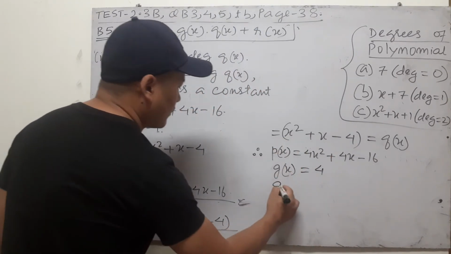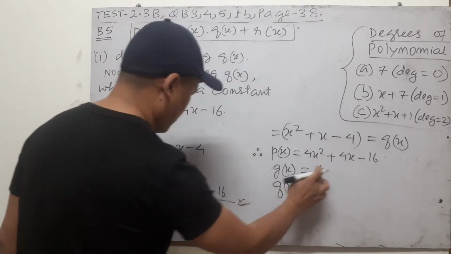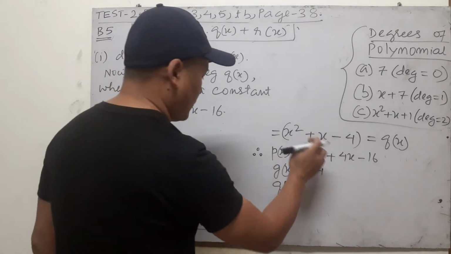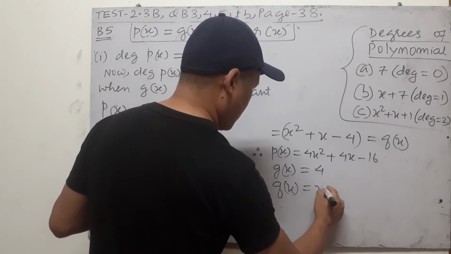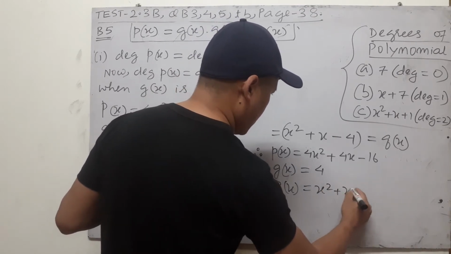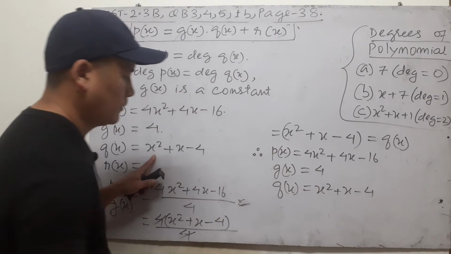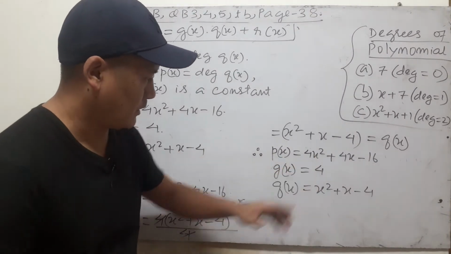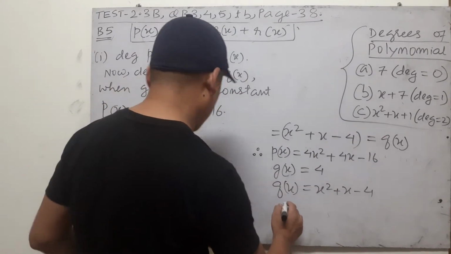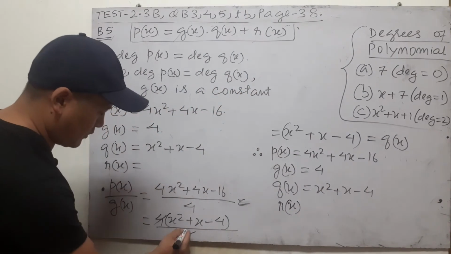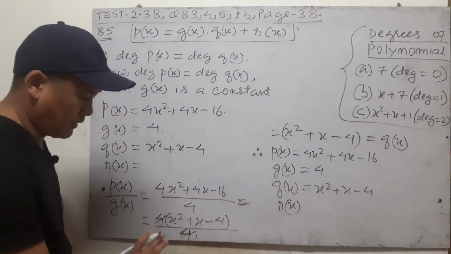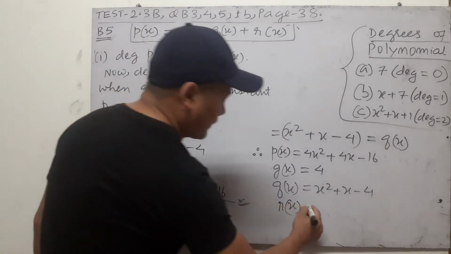Then on cancellation of these two we got q of x, x squared plus x minus 4, and the two have the same degree. Then q of x and r of x: dividing exactly, numerator and denominator, means no remainder, so r of x will be 0.